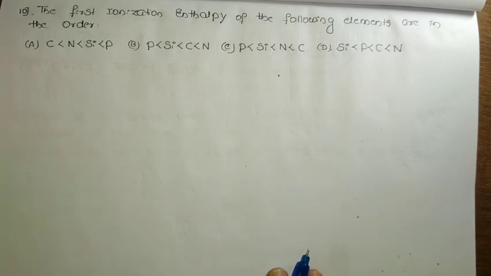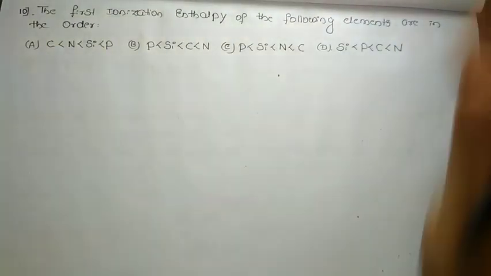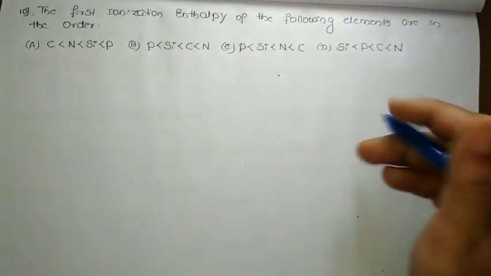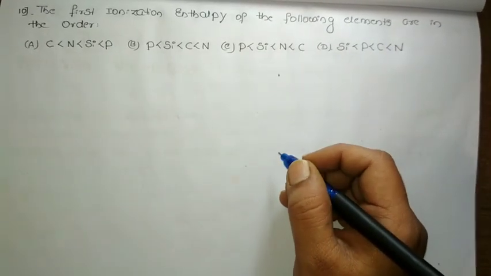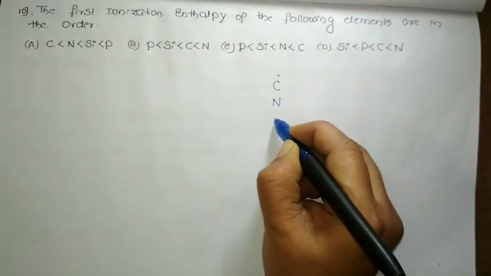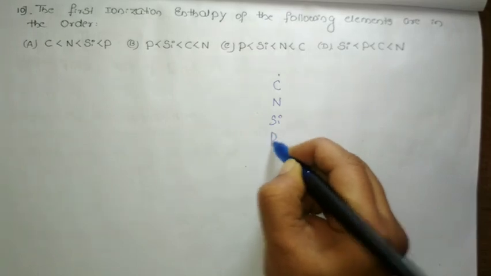They have arranged the 4 elements in increasing order. So first ionization enthalpy. There is a different way to solve, but I'll go according to atomic number value. So we have carbon, nitrogen, silicon, and phosphorus.